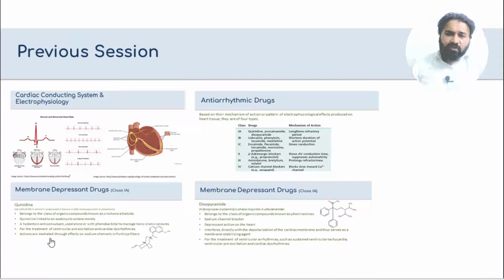This class of drugs acts as fast sodium channel blockers by the process of depolarizing charges. We have discussed some of the drugs in this category, like quinidine, disopyramide, procainamide. Now there are some more drugs which we are going to discuss today.